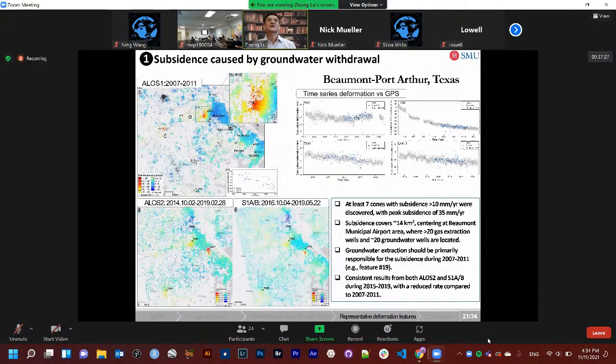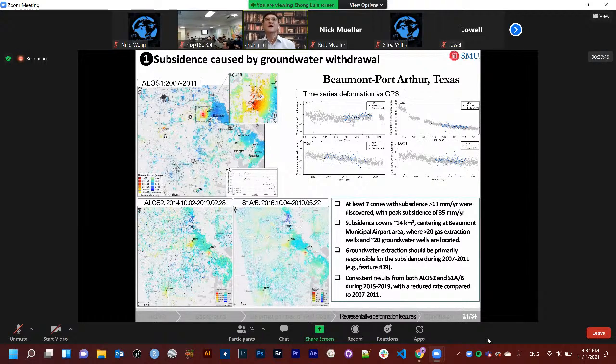And this is from August 2007 data, and this is the 2016 to 2019 time frame. Okay? So that subsidence is still going on but has reduced, and a few locations changed from no subsidence to more subsidence.